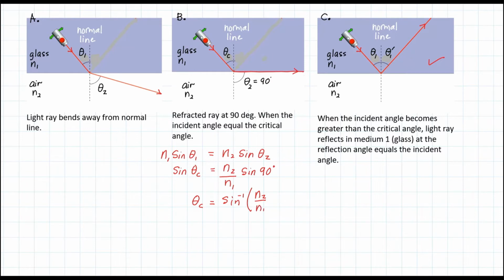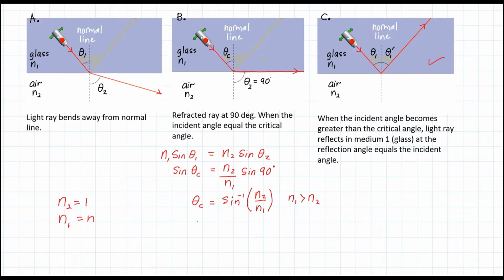And this expression for the critical angle is always true, provided that the index of refraction n1 is greater than the index of refraction n2. So in our case, the index of refraction for air is equal to 1. And let's just call the index of refraction of glass, n1, just n.